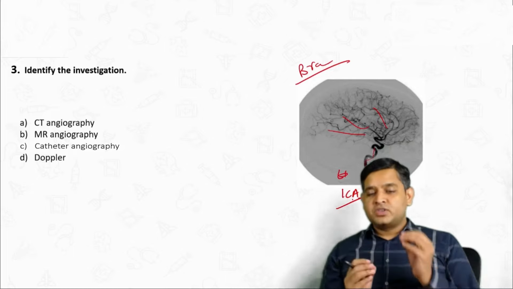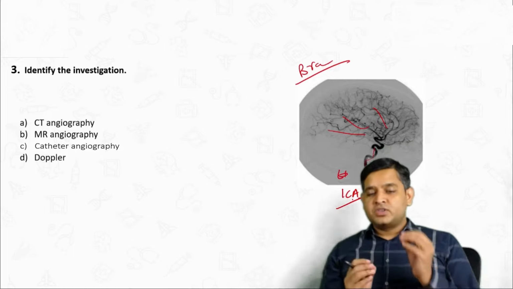There is a trick here. And the trick here is it's a subtracted image. Why is it a subtracted image? Because you do not see anything in the background. So if it's a subtracted image, what is the trick? The trick is if it's a catheter angiography, the vessels will be black because that is by convention.